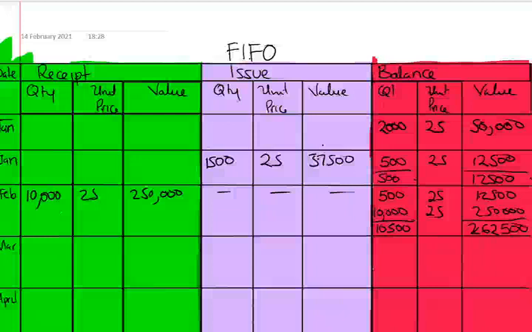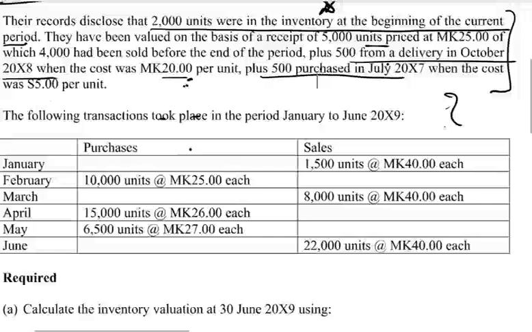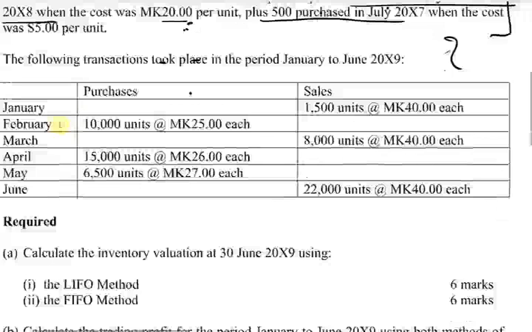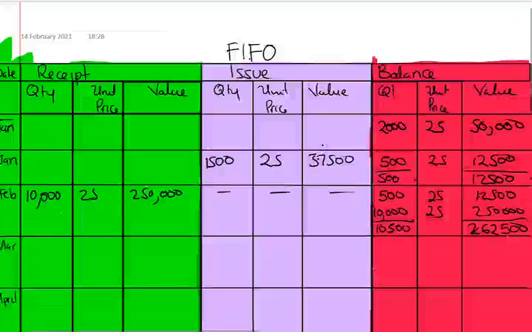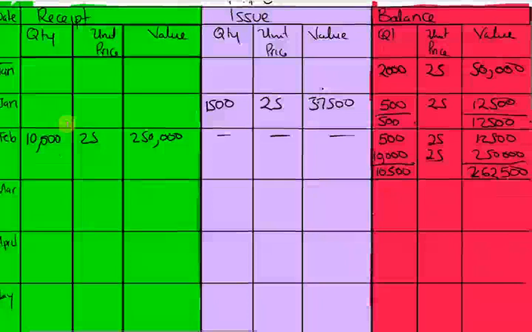So let's continue. March. What happened in March? So in March, we actually sold 8,000 units. So we sold 8,000. Luckily enough, all the units are being sold at the same value.